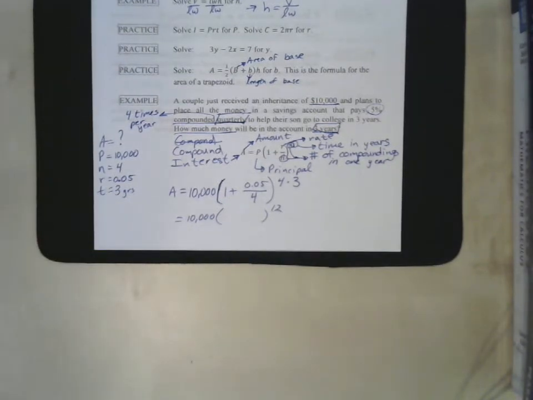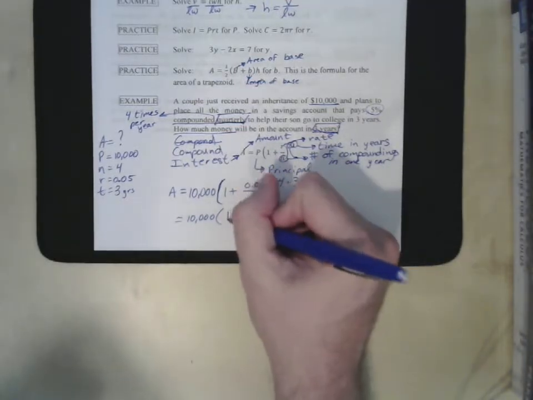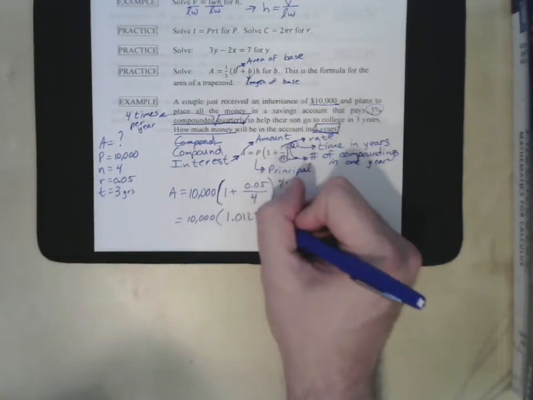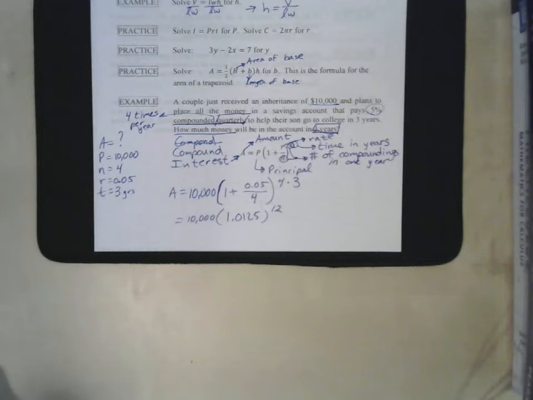So putting that in my calculator real quick here, 0.05 divided by 4 is 0.0125, so this is 1.0125 raised to the 12th. Raise that to the 12th, and then times by 10,000.